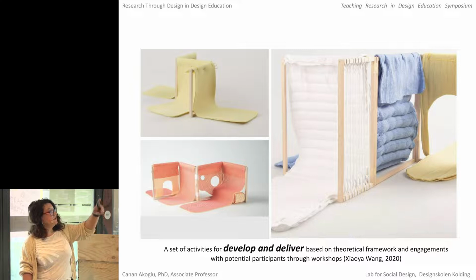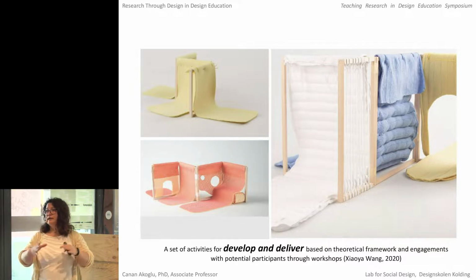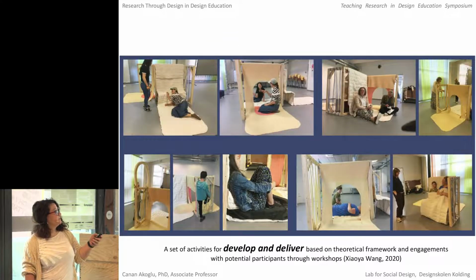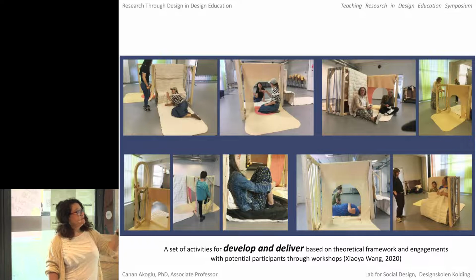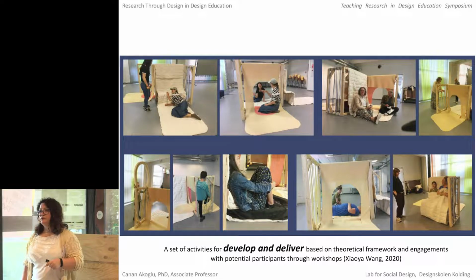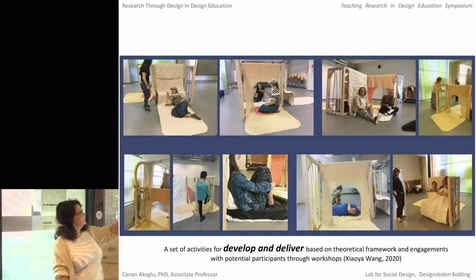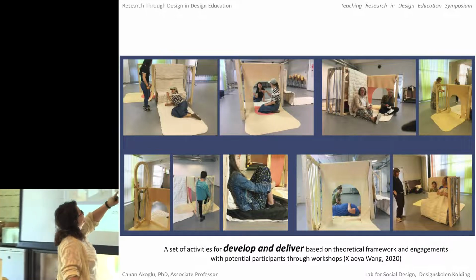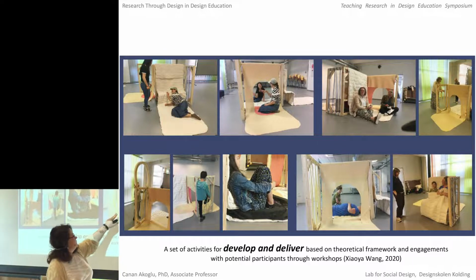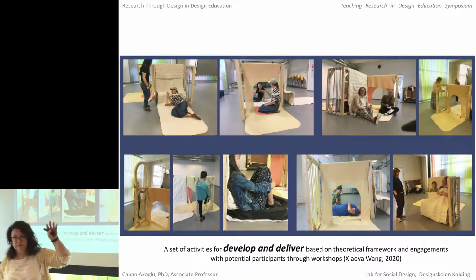And these are all coming from her interpretations of her engagements with kids. She tried out her prototypes with different types of users, as we see here. There's a mother and a daughter, and a mother and a son, different ages.